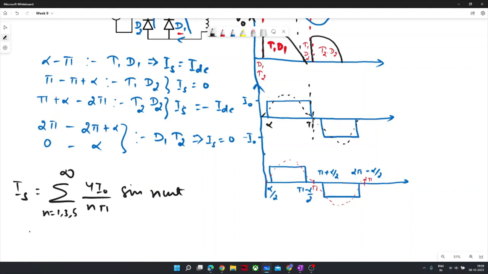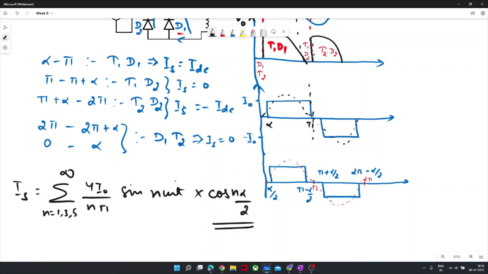Now, this expression will have some factor of alpha because it gets shifted by alpha and it gets chopped by alpha. For that reason, that cos n alpha by 2 comes in the expression. And now this is not the original waveform. The original waveform is this one, which was shifted by alpha by 2.